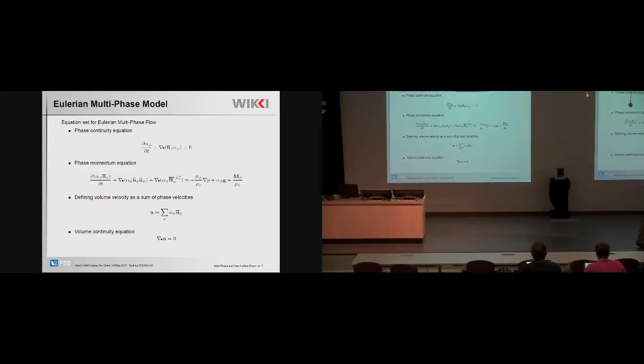Now, this can be further complicated if we have compressibility in either of those phases, but that gets too complex for me at the moment. Okay? So, apart from the stuff that we are used to, we will now have one additional equation which will follow the presence of a certain phase.